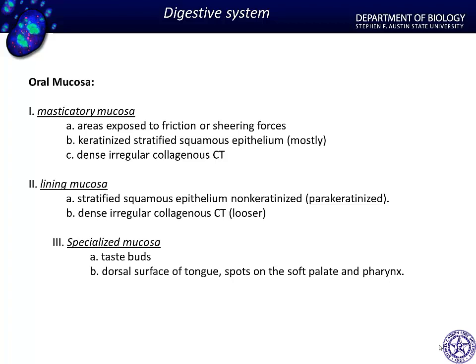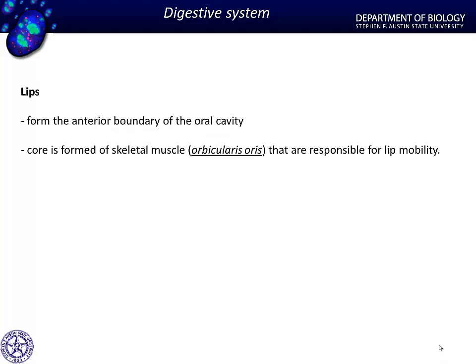But if you look at the roof of the mouth, for instance, or if you look at the side of your cheeks, the lining inside your mouth, this is going to be stratified squamous parakeratinized epithelium because you don't have those same frictional forces that you have on the surface of the tongue. Now, our specialized mucosa, that's where we're going to look at the sensory structures that make up our taste buds, that help us sense taste. And we'll look at those specifically as we move along.